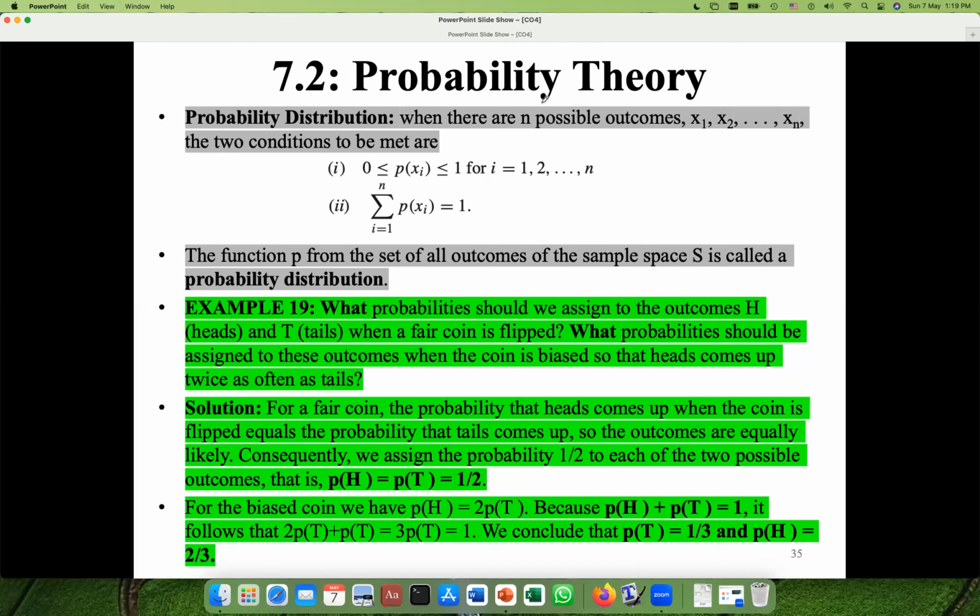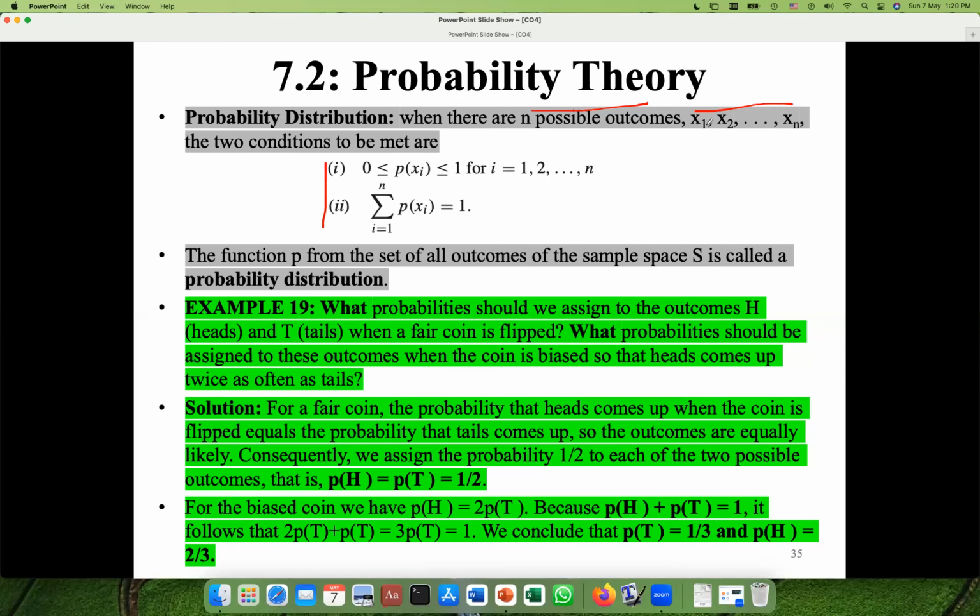If there are n possible outcomes, x1, x2, up to xn, or you can say events, outcomes from the space, then two conditions must be met.